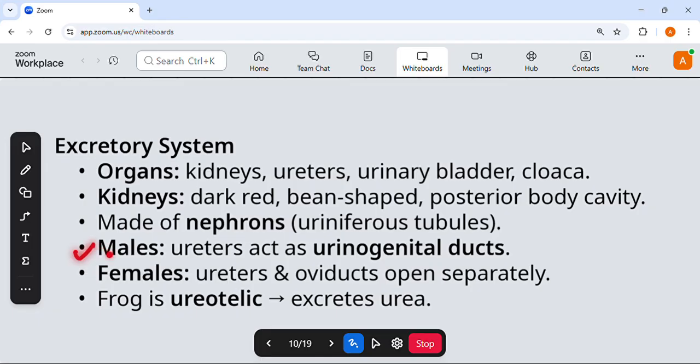So in males, ureter acts as urinogenital duct, meaning urine is also present there, and genital means the sperm. Then female has ureter and oviduct separately: a separate duct for urine, and a separate duct, oviduct, for transfer of gametes. And frog is ureotelic, means they secrete urea.